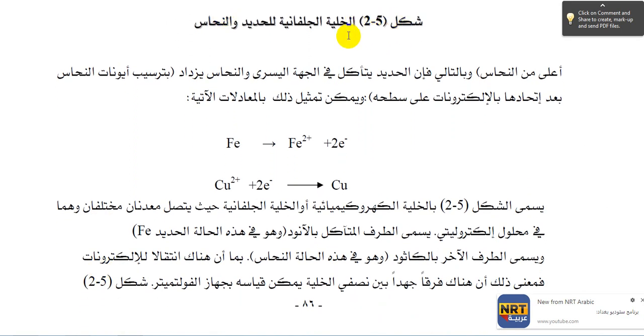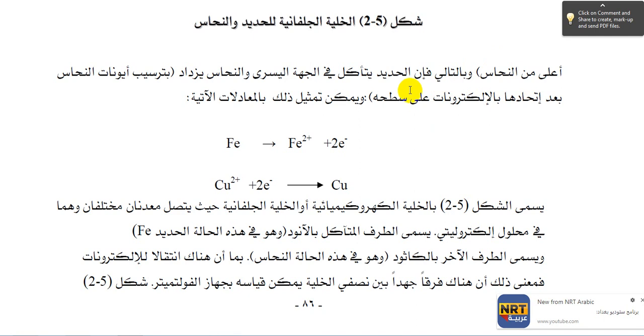Figure 2.5, the galvanic cell of Cu and Fe. The Cu will have a different potential than the iron.